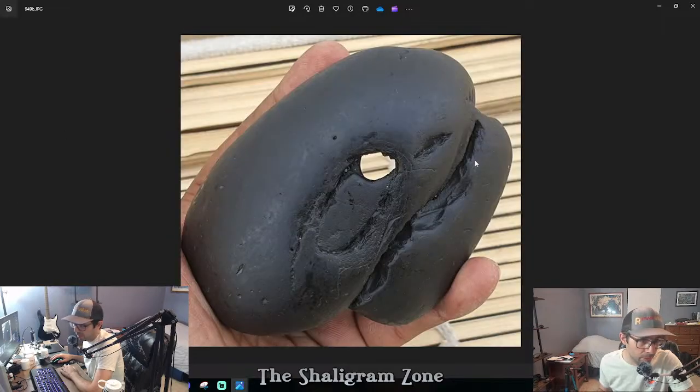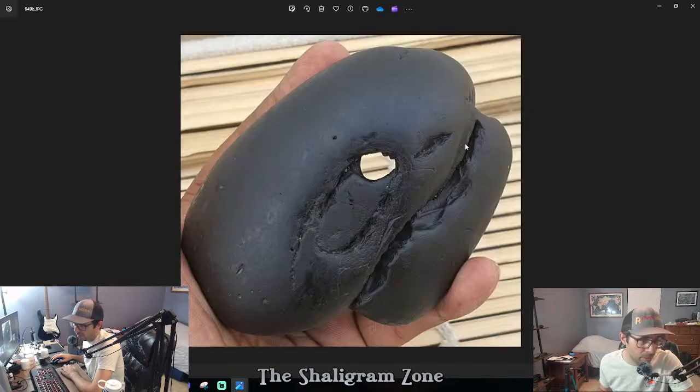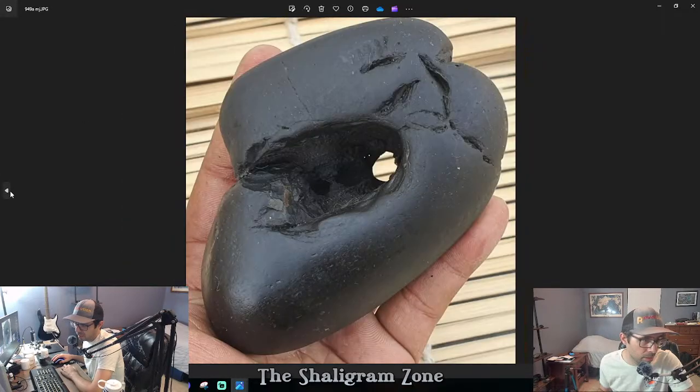Big side, little side. So it's probably here. So looking in the other side, like from this angle, I guess.